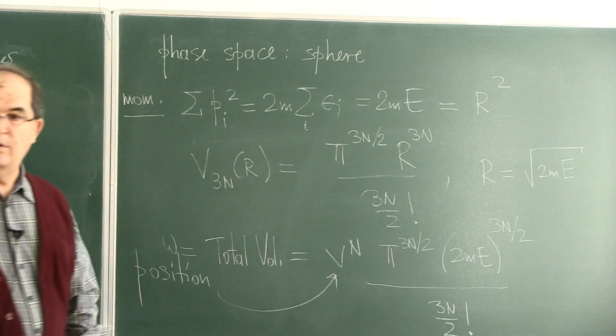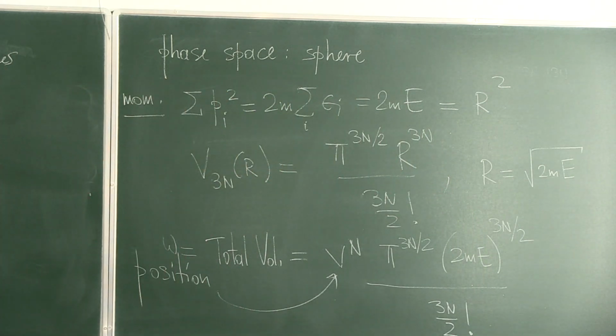We have the total volume. This is the total volume available in phase space. We have done momentum and position spaces separately and collected them together.